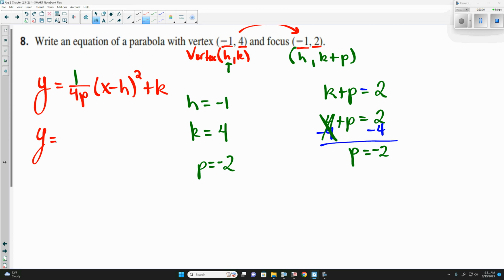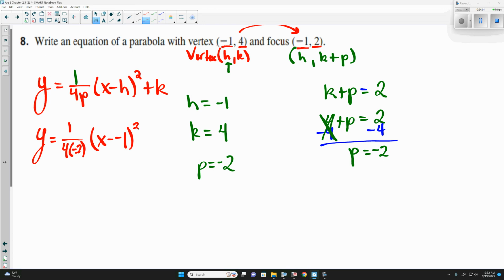Now, the last thing we need to do is plug it in. 1 over 4 times p. Well, p is negative 2. Parentheses, x minus h squared. Well, x minus negative 1, which is indeed going to be plus 1, because we can rewrite it out in a second.